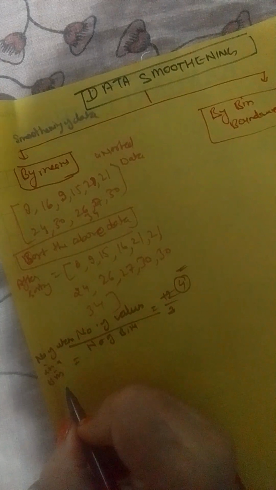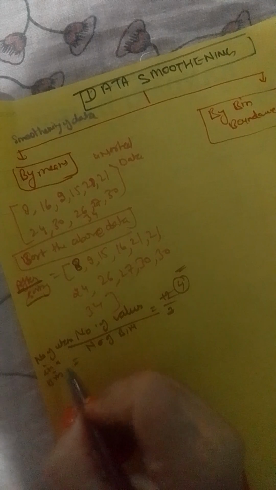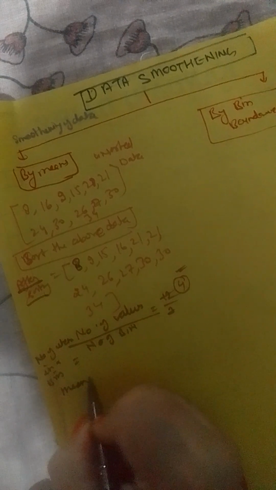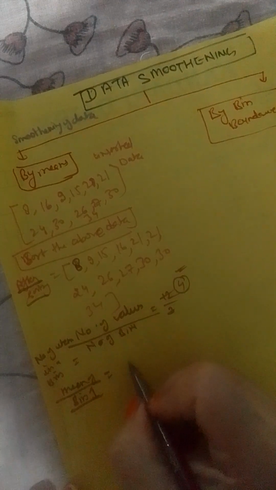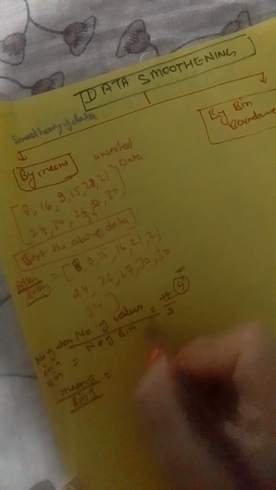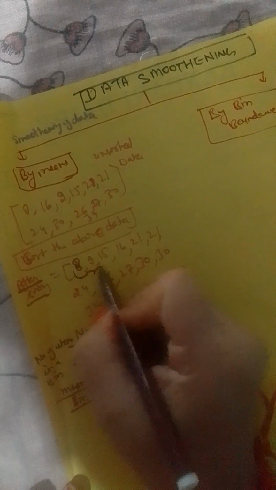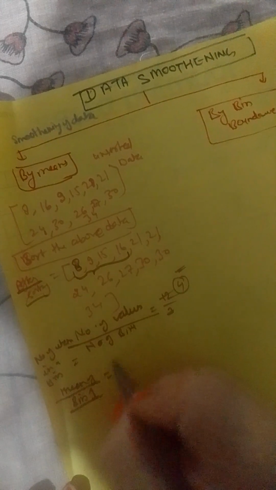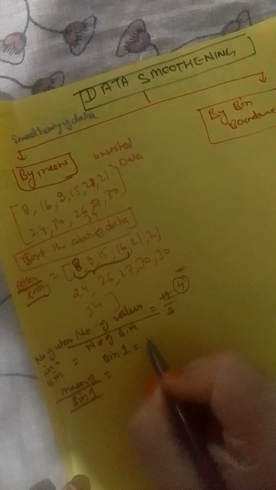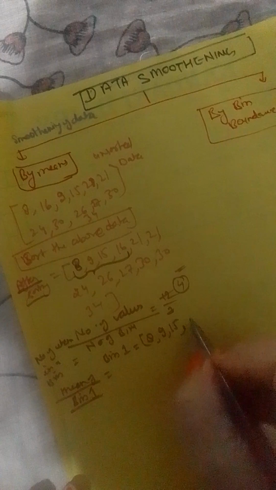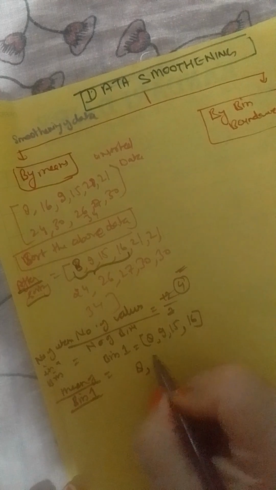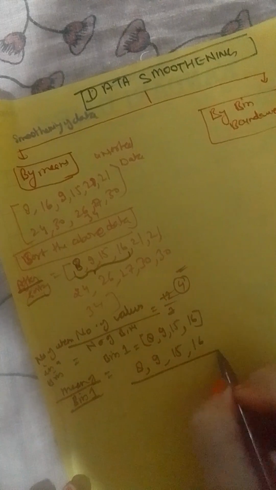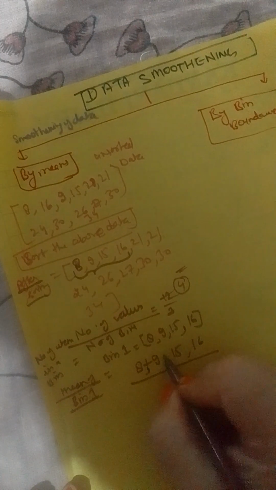So we have this sorted data, 8, 9, 15 and so on, and we need the mean of bin 1. We take 4 items, so bin 1 is 8, 9, 15, 16. The mean of this bin is 8 plus 9 plus 15 plus 16 divided by 4.